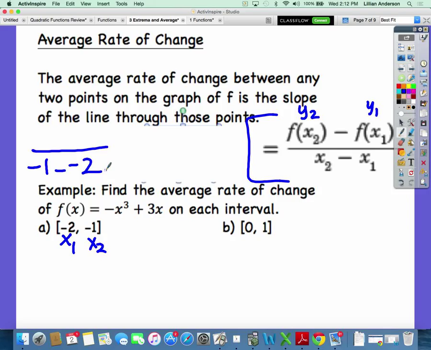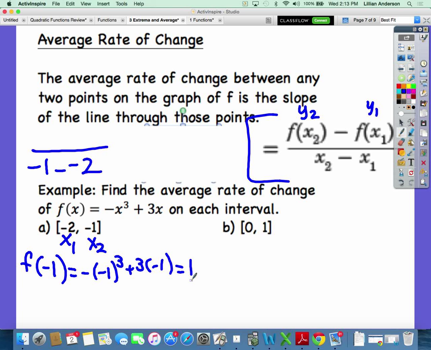The thing you don't have is your numerator, but it's very easy to find. To find f of x2, that literally means take x2 and plug it into your function. That's all that means. To find f of x2, you just take x2 and you plug it in. What's -1 cubed? Times a negative on the outside.